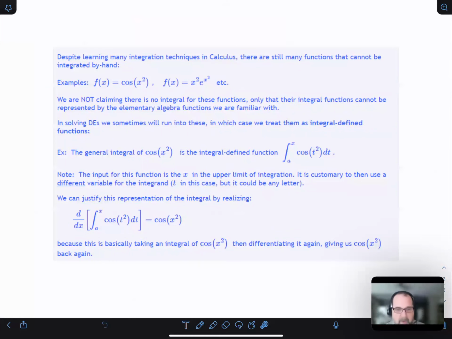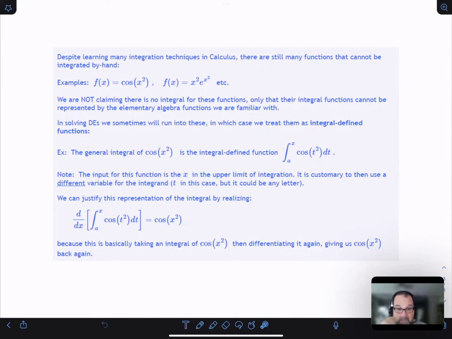Well, we already decided that this is the antiderivative of cosine of x squared. So when I take the derivative, I ought to get cosine of x squared back again. So that should make sense, right?